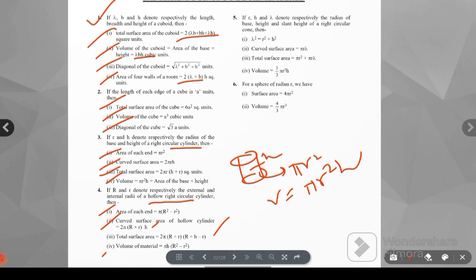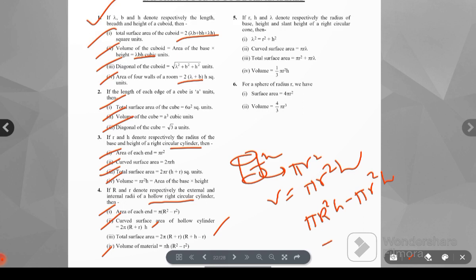Okay, and then the volume of material, that means whatever material is used: that is bigger minus smaller. Bigger is pi R square h, and the smaller, the interior cylinder, is pi r square h.